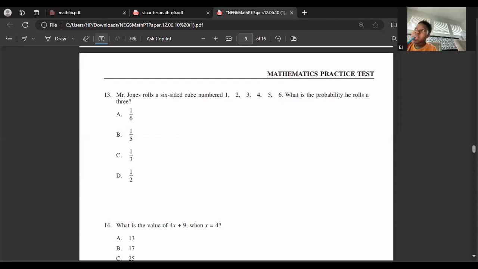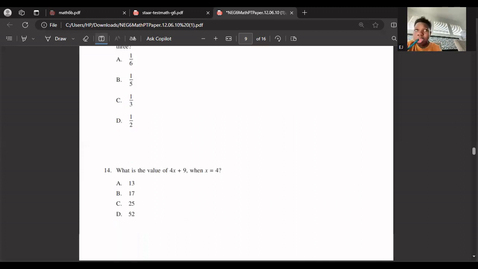Now look at the numbers 1, 2, 3, 4, 5, 6. All together, how many numbers do you have? 6 numbers. Good. How many threes do you have? Just 1 three. Beautiful. So the probability is 1/6. Now go over to number 14.